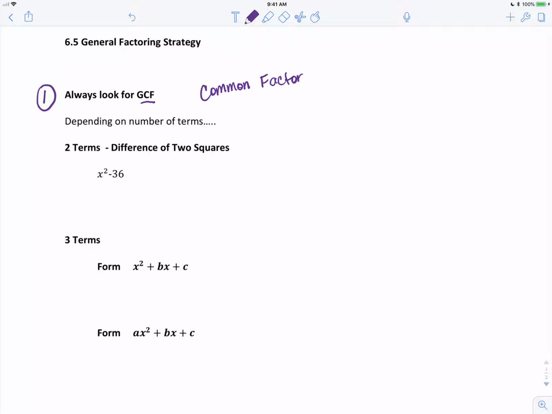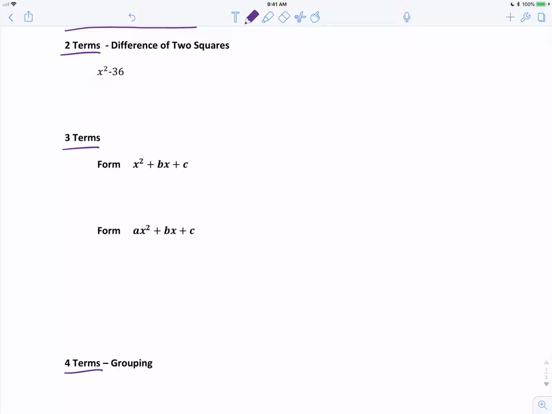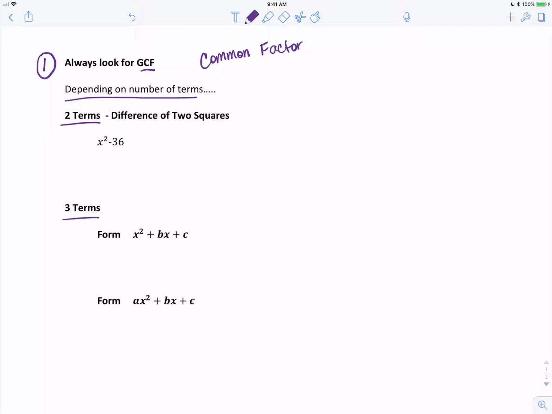Then it all depends on the number of terms. So I've broken this up into 2 terms, 3 terms, and then 4 terms. If you're given a 2-term polynomial, remember you are looking at the difference of 2 squares. So a squared minus b squared will factor into a plus b times a minus b.